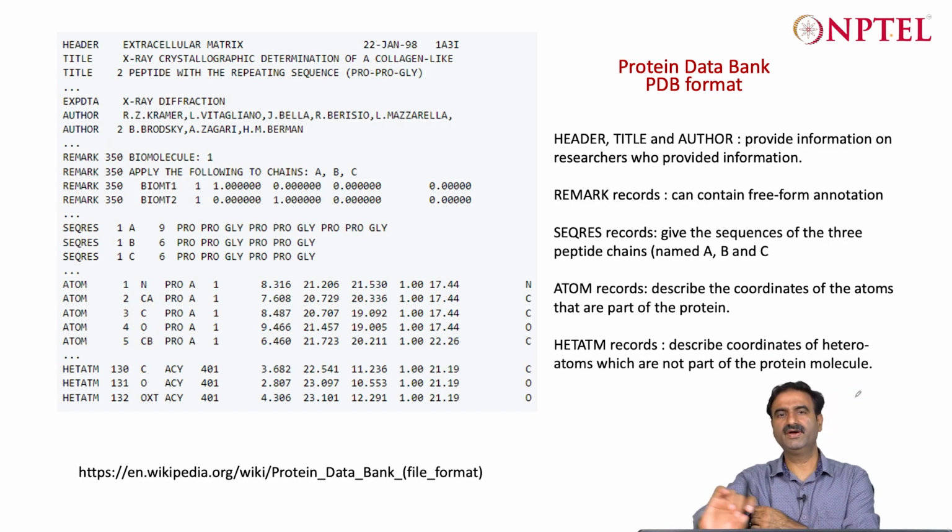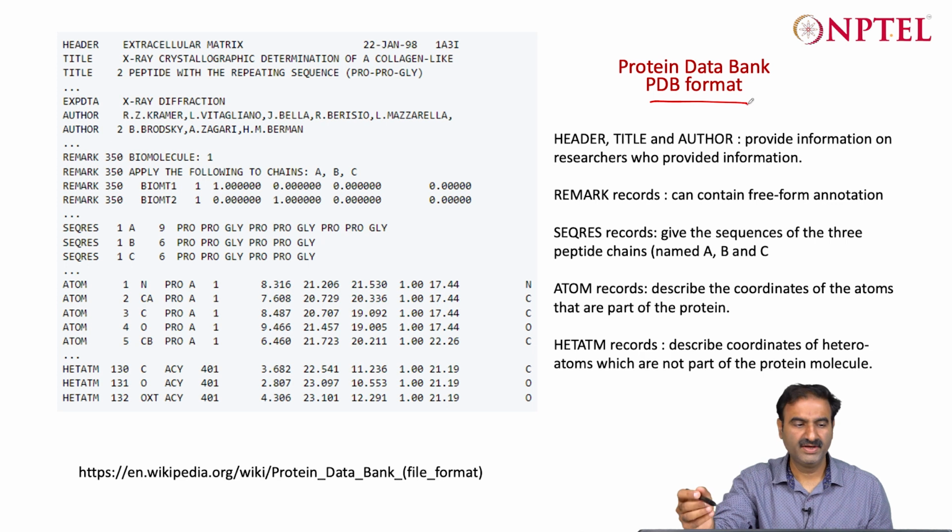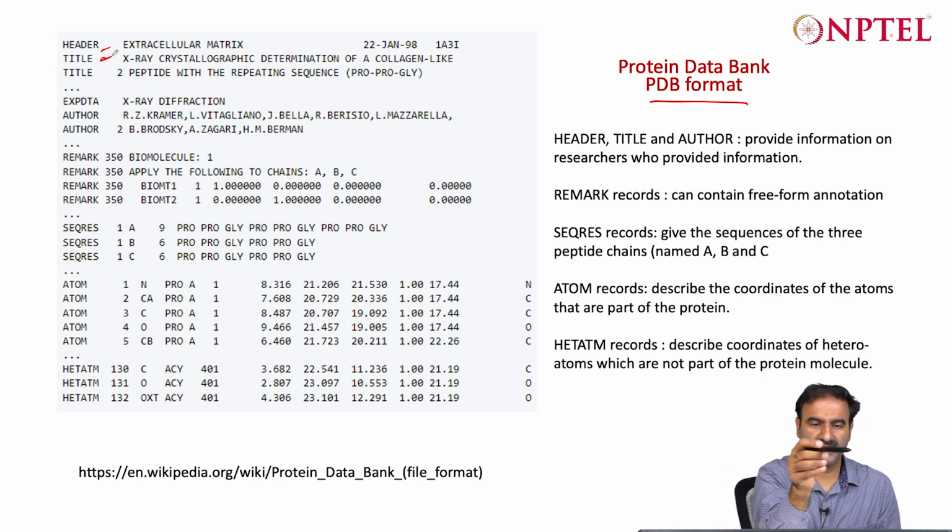Okay, then we have read that protein structures are solved, and these structures are available, or the information is available, in the Protein Data Bank. Okay, so the PDB format is more about what the protein was, how the structure was solved, and who did it, like the header and the title, for example the crystallographic determination of a collagen-like peptide. Titles can run to 2 lines, or if it is 3 or 4 lines, you will write the title like that, 2 peptide with the repeating sequence, right.